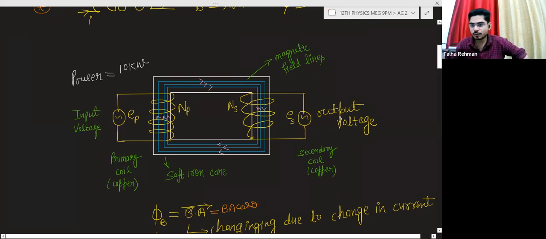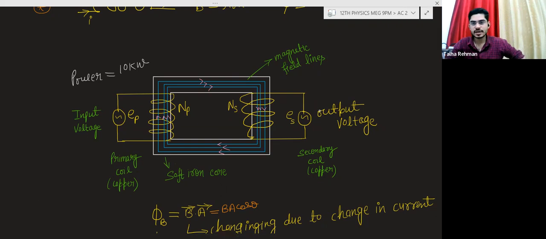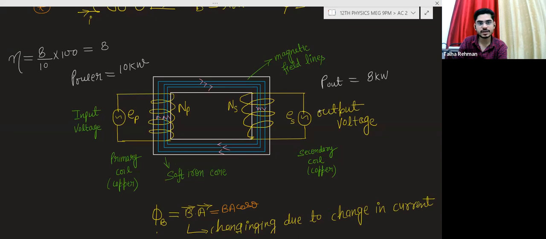So at output, some power is already lost. Suppose output power you are getting 8 kilowatt. For example, I am saying you are getting 8 kilowatt. So efficiency means 8 divided by 10 into 100. So the efficiency of your transformer will be 80%.